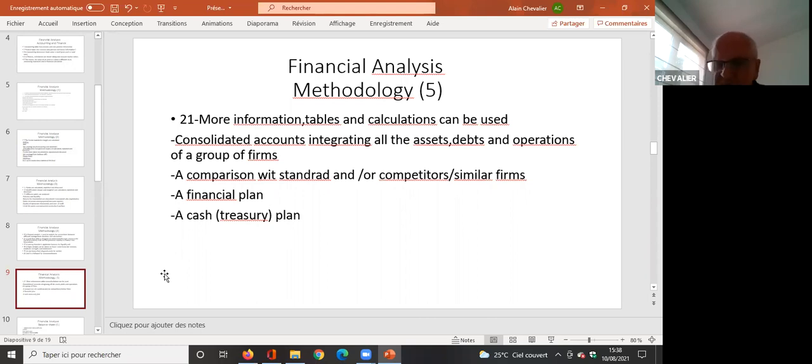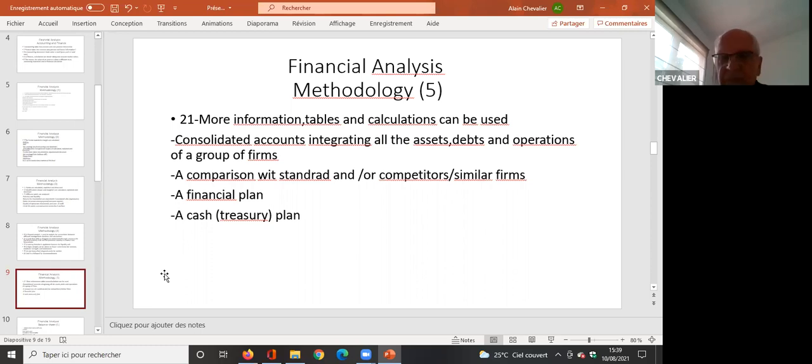And my last advice: whatever you do, don't use software which is supposed to go through a financial analysis without first checking the data you introduce into the software.